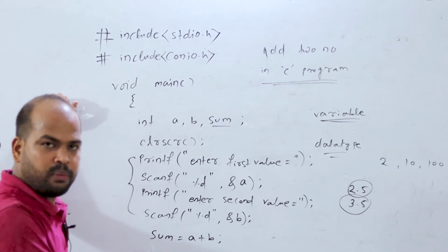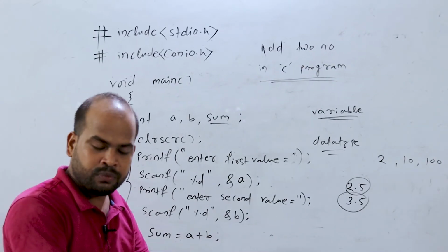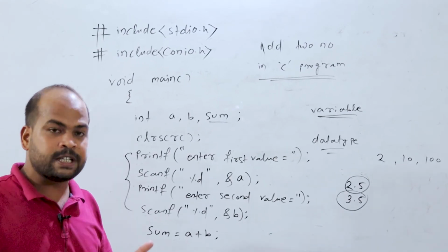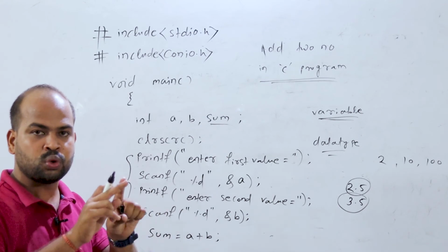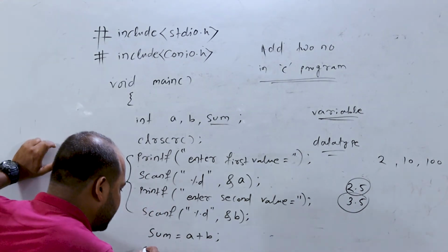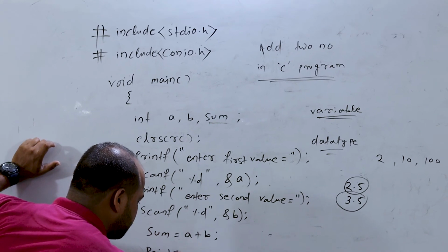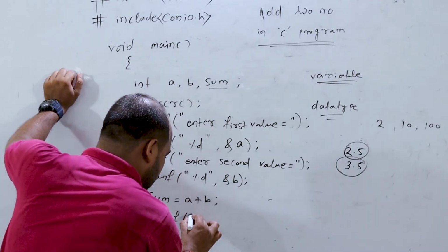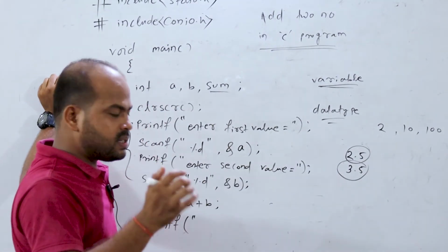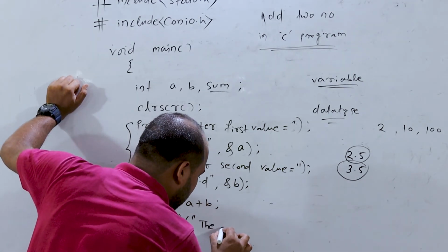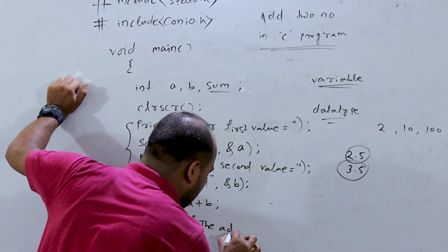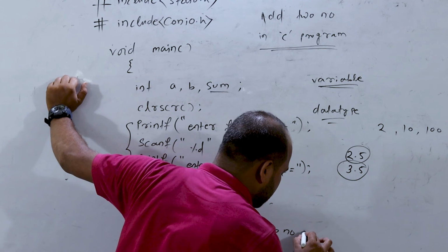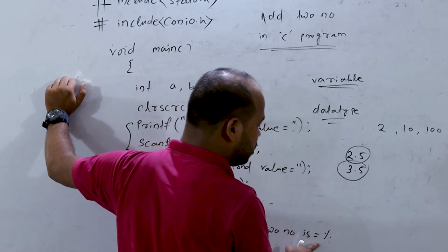After this sentence, the value is already stored in a variable, then you have to display it. I have already told you which function is used to display output in our output window: the printf function. So you have to write a message like "The addition of two numbers is", and here the value will be displayed.